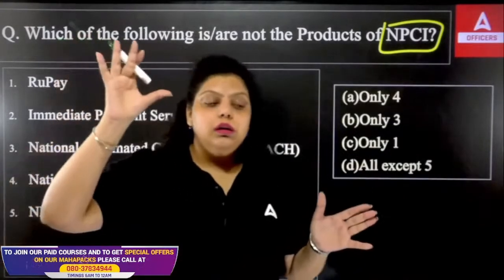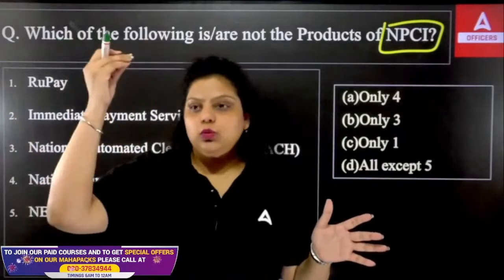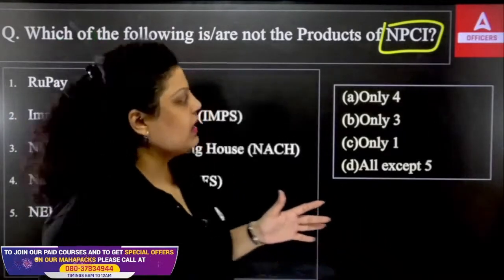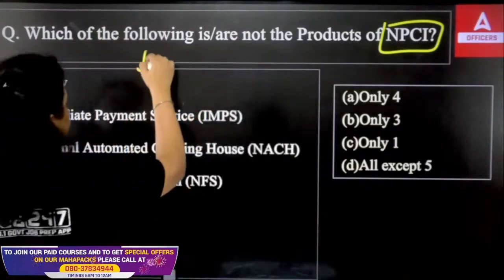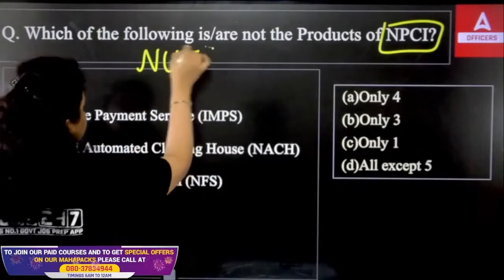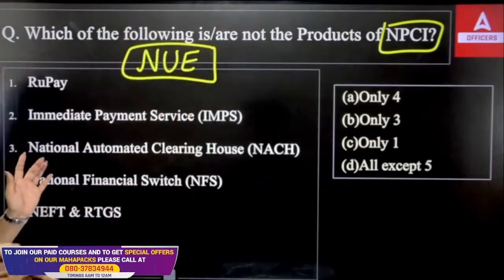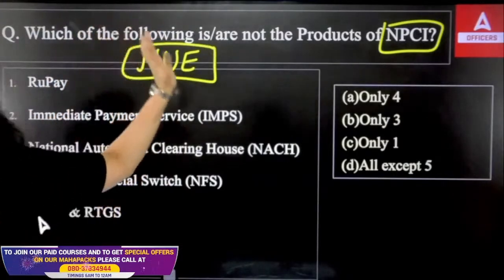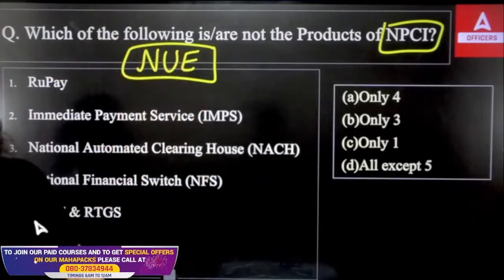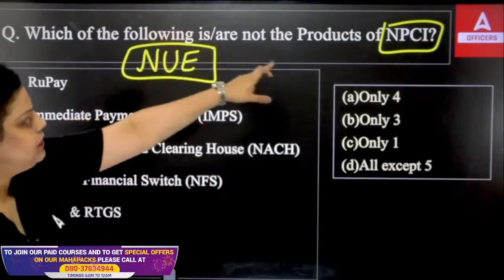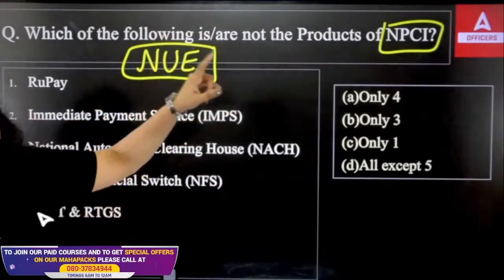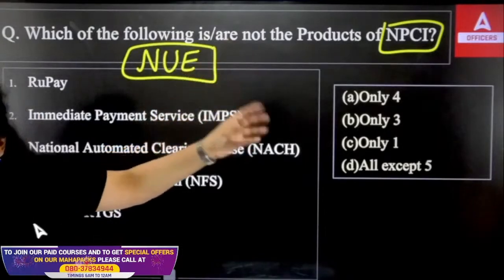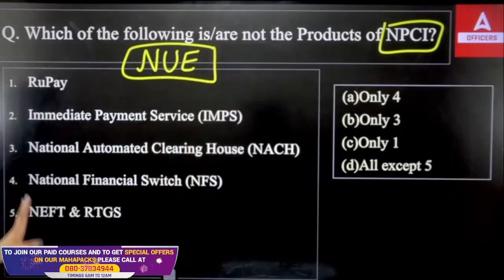And to remove that monopoly from the market, RBI has introduced a new umbrella entity. They have not been established yet, but RBI has started getting applications for the new umbrella entity. So this new umbrella entity will be the competition of NPCI so that NPCI will not create a monopoly in the country. That's RBI's idea.